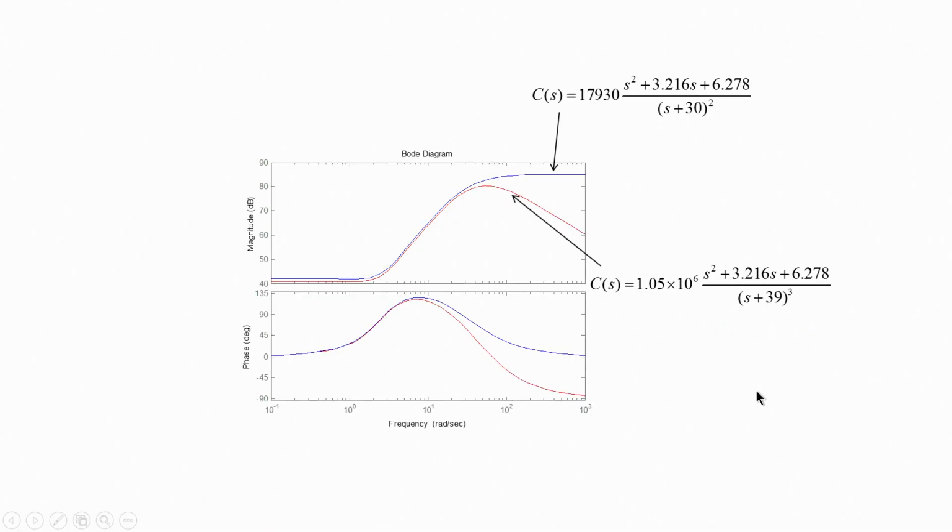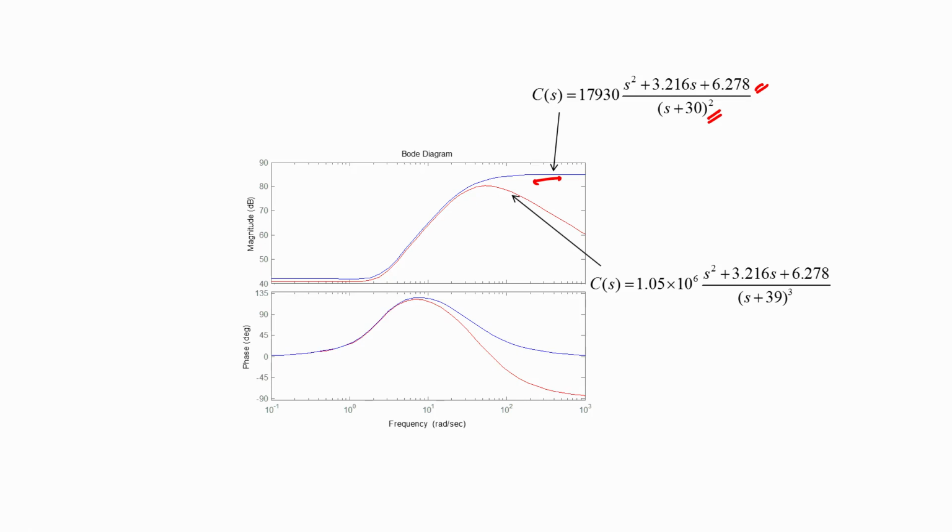To illustrate this, I have undertaken the design for the first example that we had taken up, and we see that the blue trace is the original controller which had just a pair of poles along with the 2 zeros that were added, and this controller has infinite gain bandwidth product and is therefore not practically realizable.